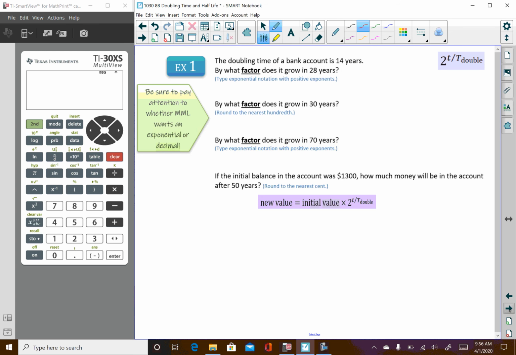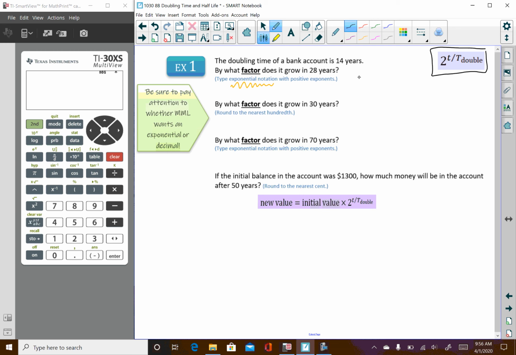So here's our first example. The doubling time of a bank account is 14 years. So our first question is, by what factor does it grow in 28 years? And our answer, we want to report in exponential notation. So I have the little formula for the growth factor right there.